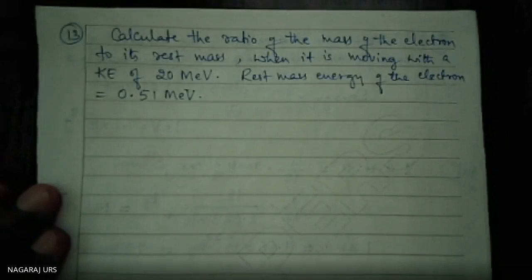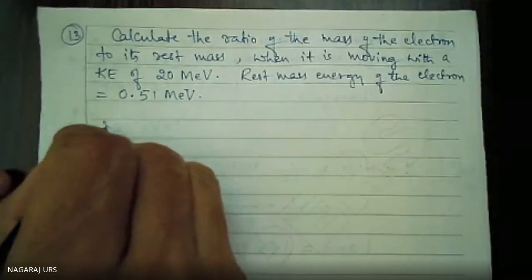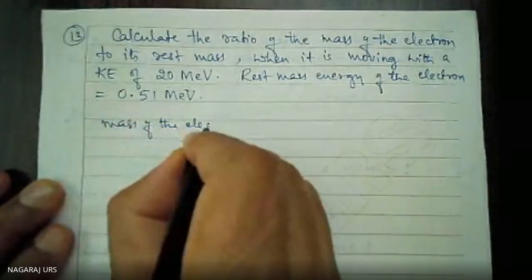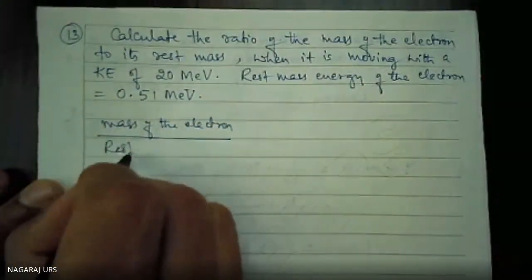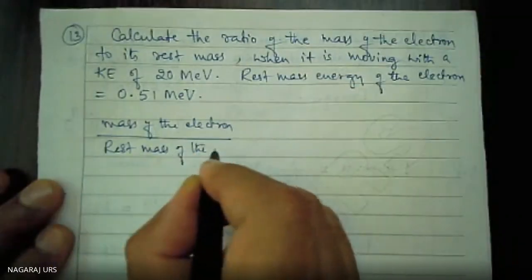Ratio of the mass of the electron to its rest mass is how much? Means mass of the electron divided by rest mass of the electron.